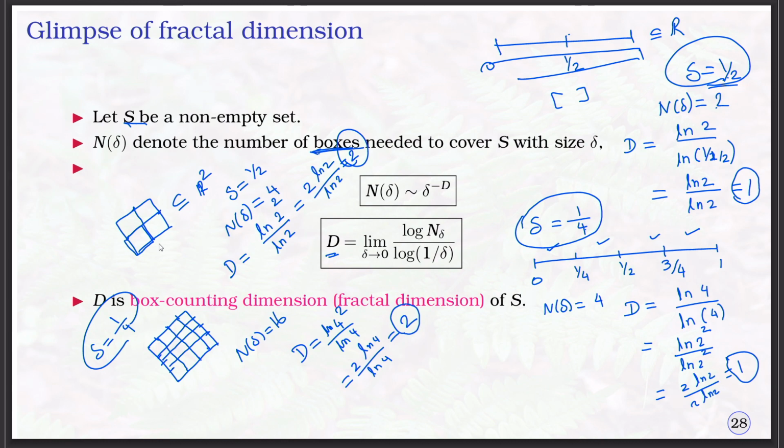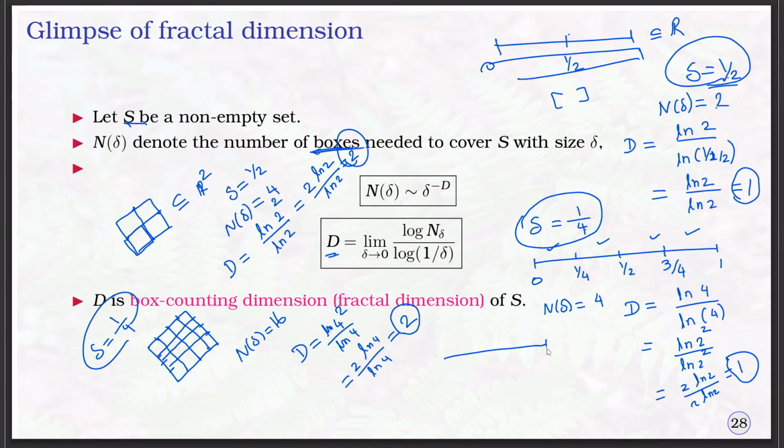Now, as I mentioned, if you are taking any Euclidean object, it obviously possesses the self similar property. Now, what is the difference? It has the self similar property. Also, if you are finding the fractal dimension or the box counting dimension, you will get integer values.